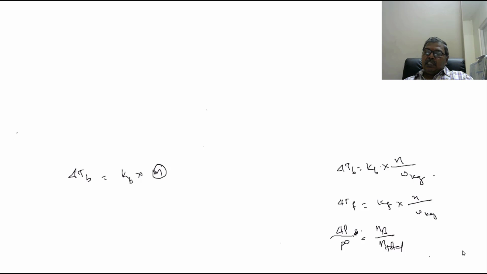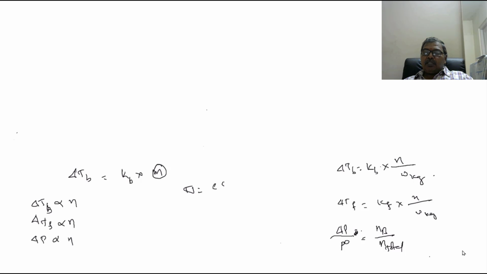So see here, suppose the weight of the solvent in all the cases is the same. Delta T_b is proportional to the number of moles of solute particles. Delta T_f is proportional to the number of moles of solute particles. And delta P is also directly proportional to the number of moles of solute particles.